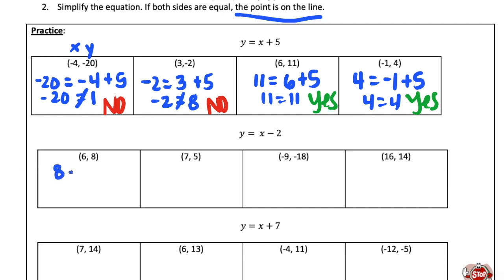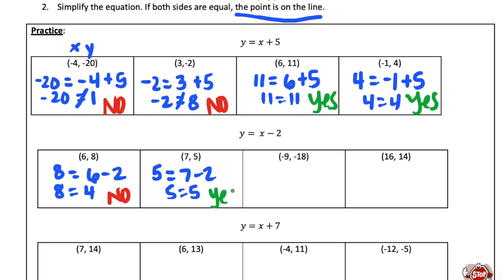When we plug in our values here, remember you take your y value first, so 8 is my y value. I plug in x, which is 6. 6 minus 2 is 4, so this is not going to be on our line. Again, 5 equals 7 minus 2. 5 does equal 5, so yes, this is on our line.